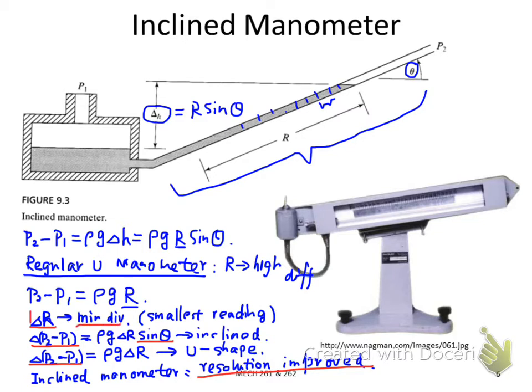So that is always the smallest division. And then based on this, because we have a different scaling factor here, the inclined one allows you to measure a smaller pressure change. So that is the resolution.